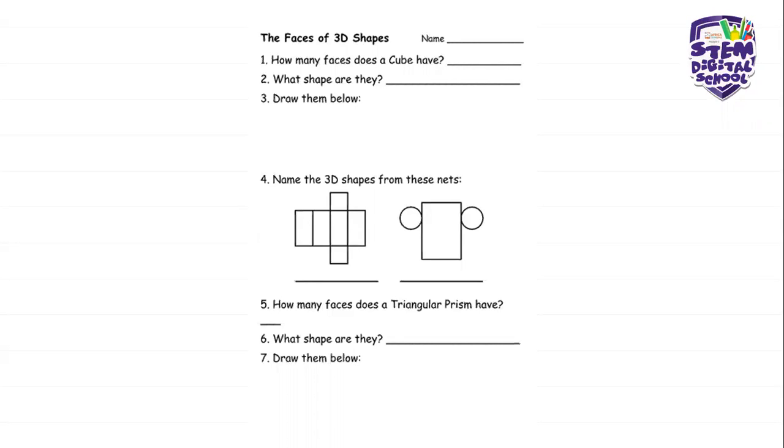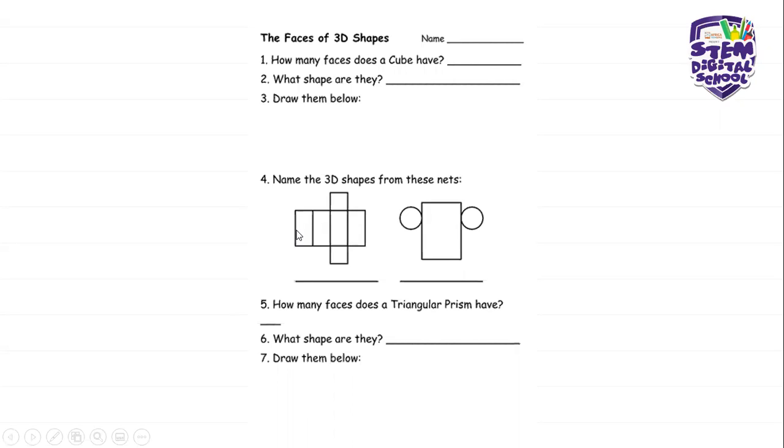Great. I see that Cesar has said it's a square. Now, we can't draw them now. Let's skip the drawing part. Let's go now to naming the 3D shapes which can be formed out of the nets that are found here in the center.